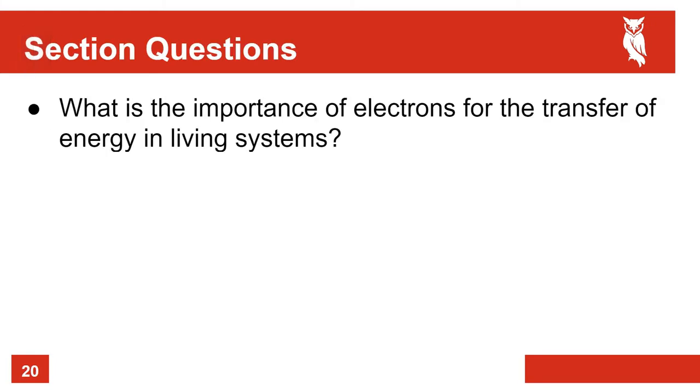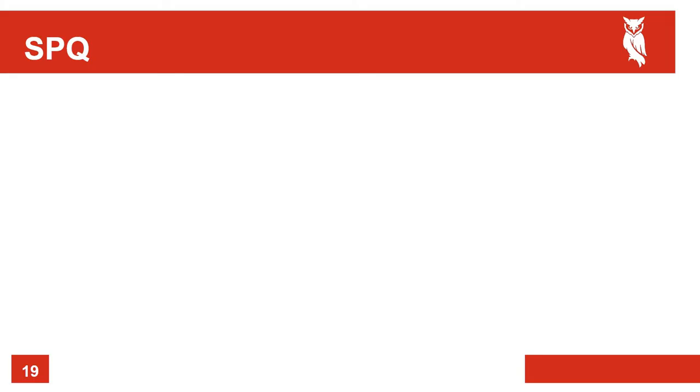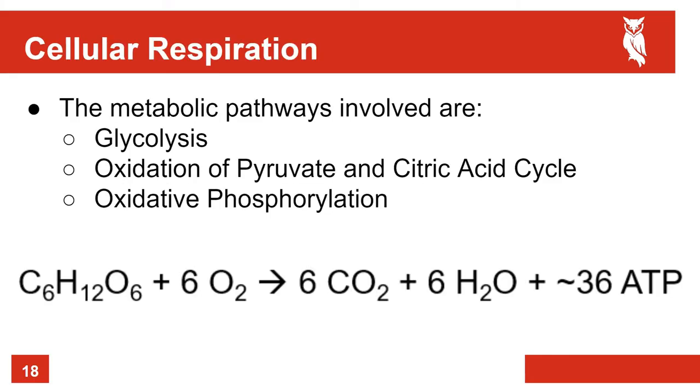Second question. What's the importance of electrons for the transfer of energy in living systems? What are your thoughts on this one? Oh, because consumers can't make their own energy, but producers can, right? Yeah. But let's look at how do we make energy in cellular respiration, right? We make ATP. We make a lot of energy here. What's happening in oxidation?